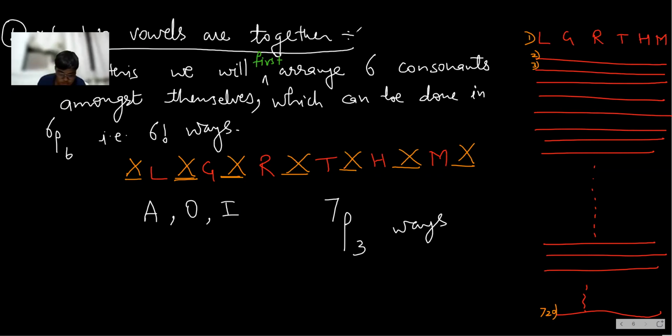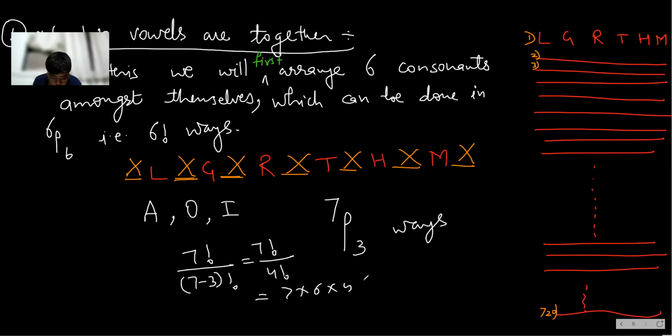My dear students, 7P3 is 7 factorial upon 7 minus 3 factorial. That is equal to 7 factorial upon 4 factorial, that is 7 into 6 into 5 into 4 factorial upon 4 factorial. This is gone. The answer is 210.